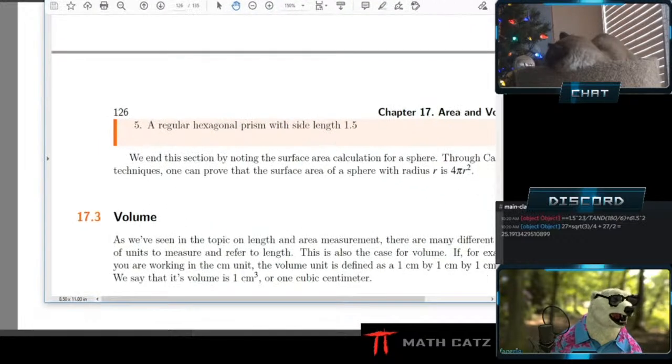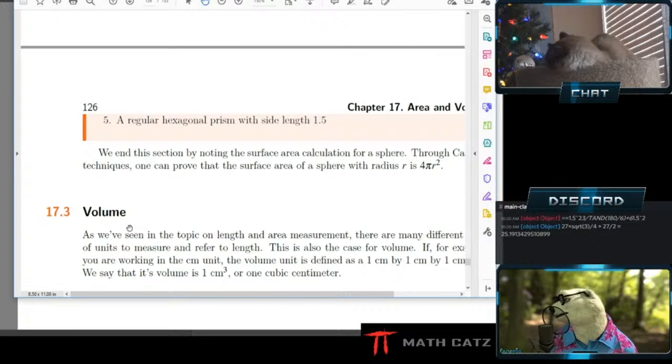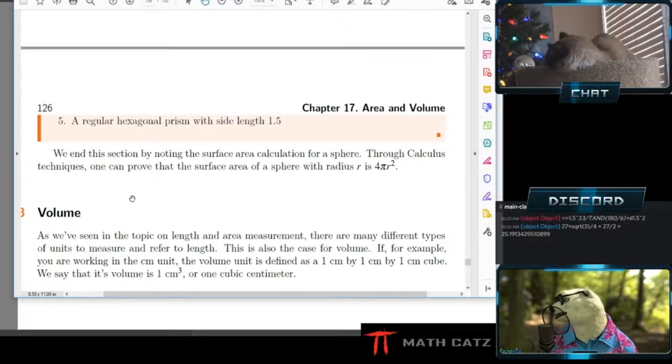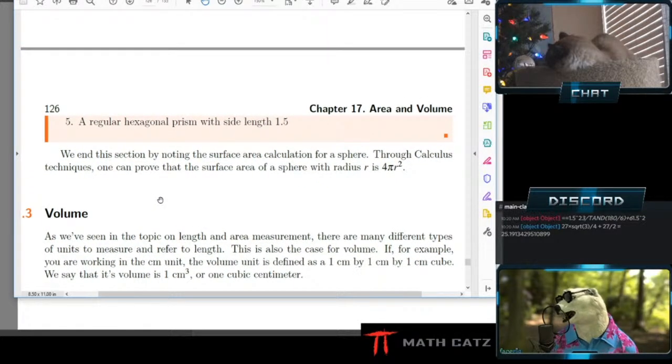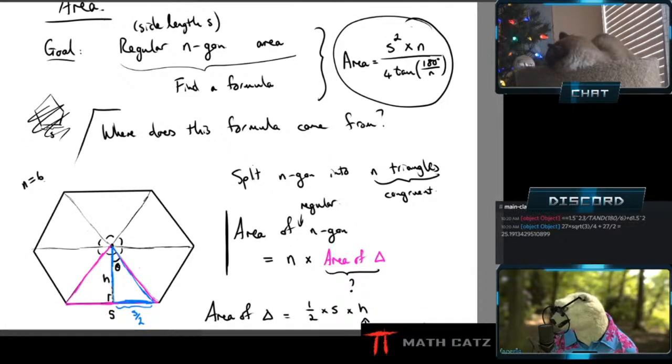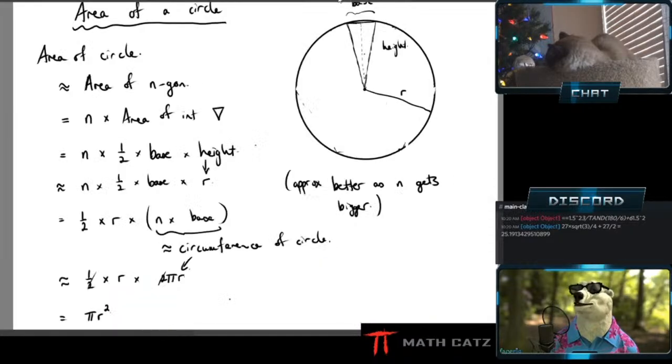The only thing left to do is just note that as we did the area of polygons here, we started today by looking at the area of a circle, pi r squared, and where that comes from.